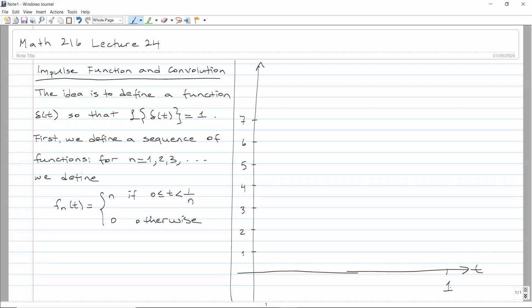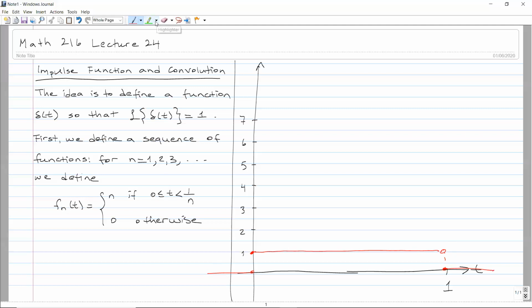On the t-axis, let's take one longer. So f sub 1 is equal to 1 for t between 0 and 1, and 0 otherwise.